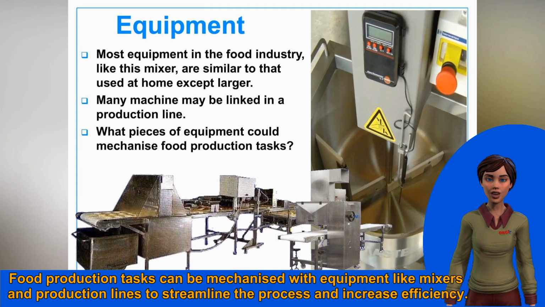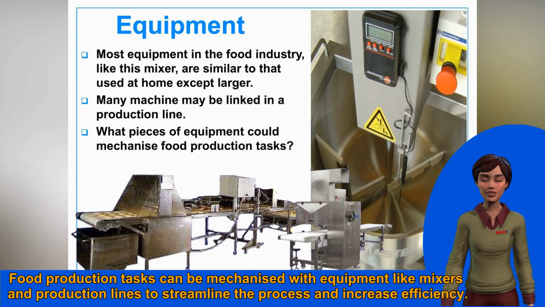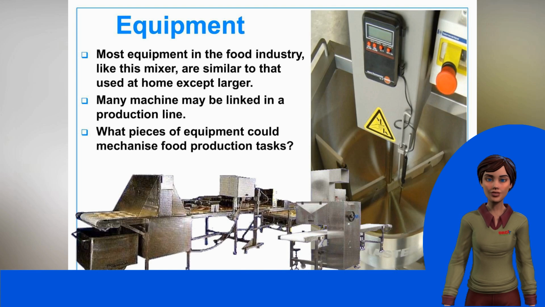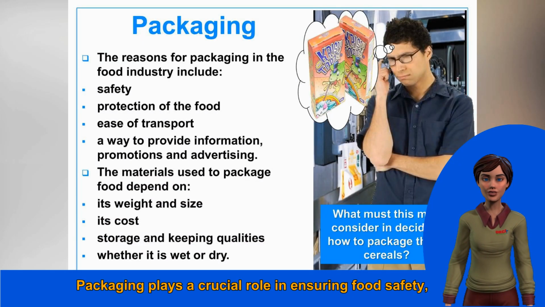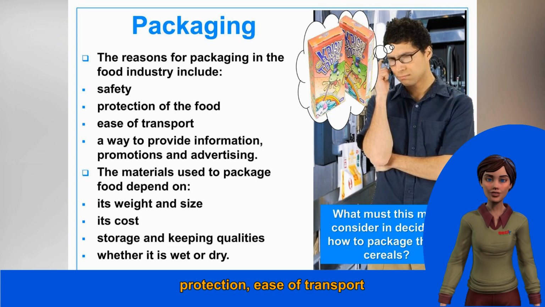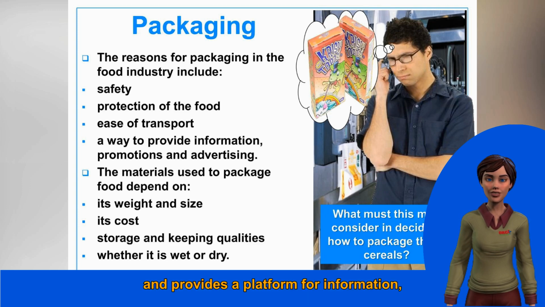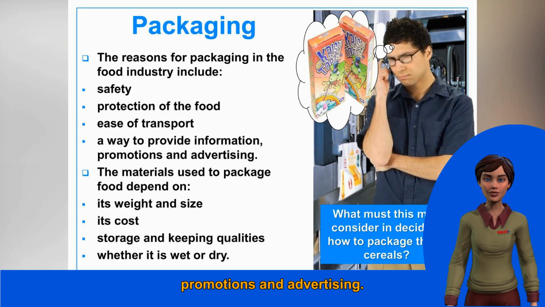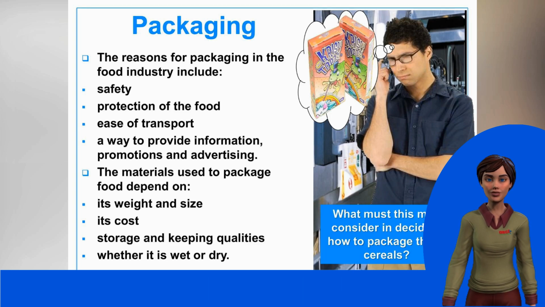Food production tasks can be mechanized with equipment like mixers and production lines to streamline the process and increase efficiency. Packaging plays a crucial role in ensuring food safety, protection, ease of transport, and provides a platform for information, promotions, and advertising.